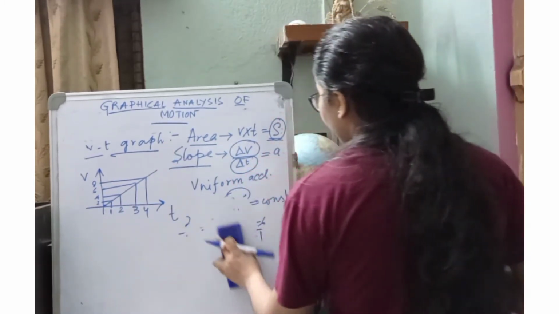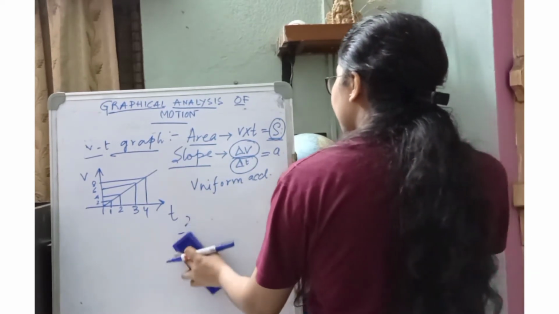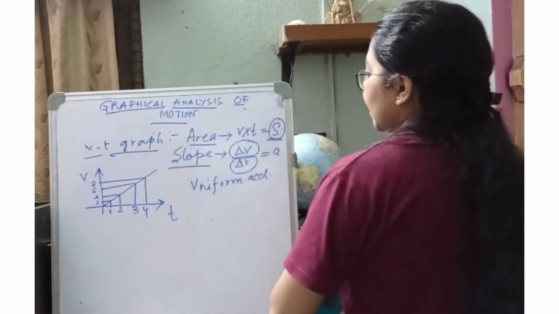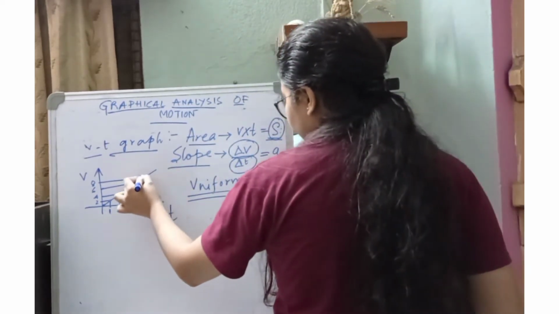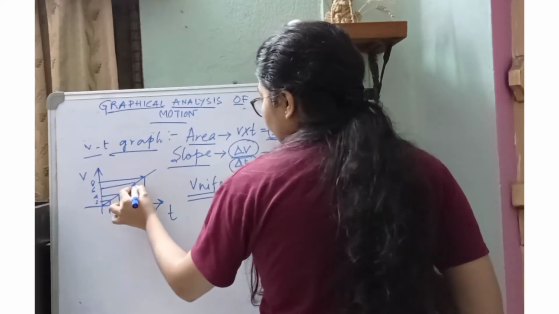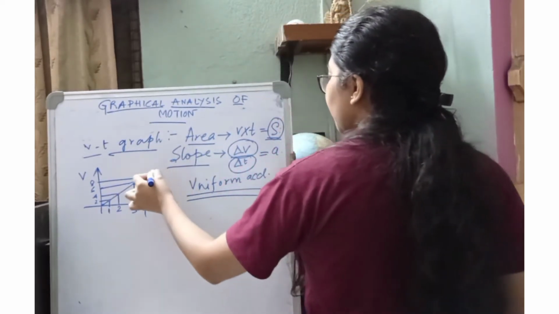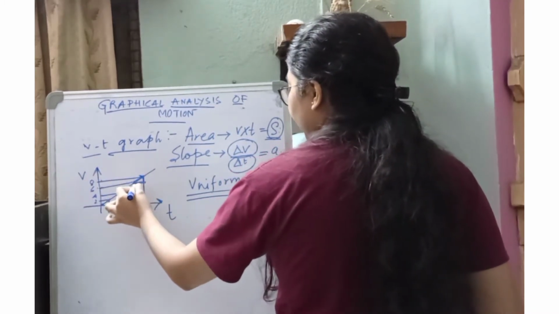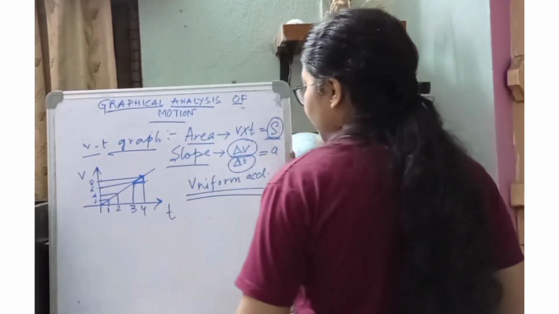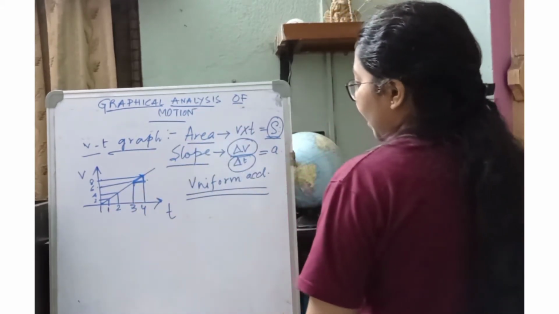So if I go for delta V by delta t, that is y2 minus y1 by x2 minus x1, this gives me the value of acceleration. We can consider it like a triangle. For these two, y2 minus y1 is 8 minus 6, divided by x2 minus x1, 4 minus 3, which is nothing but delta V by delta t, which gives me the value of acceleration.